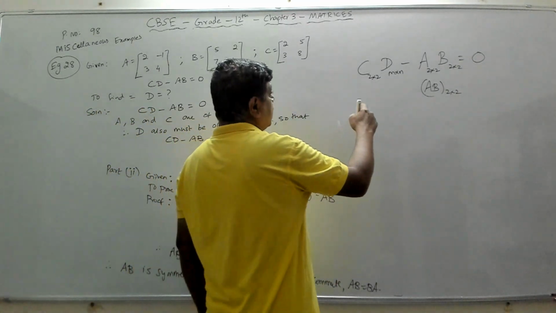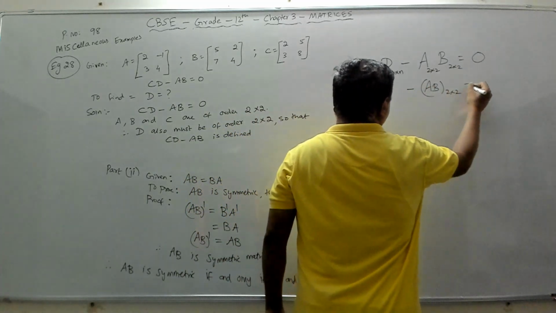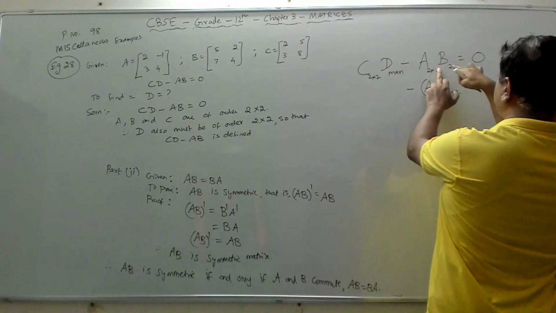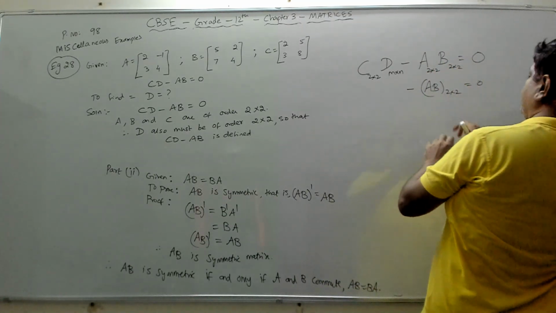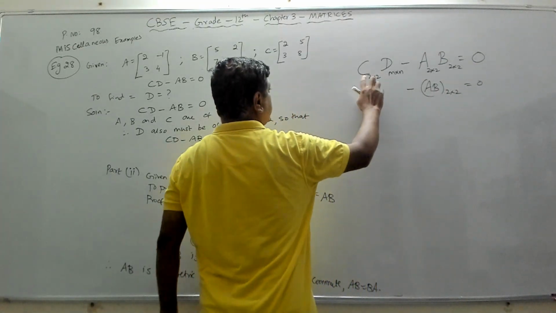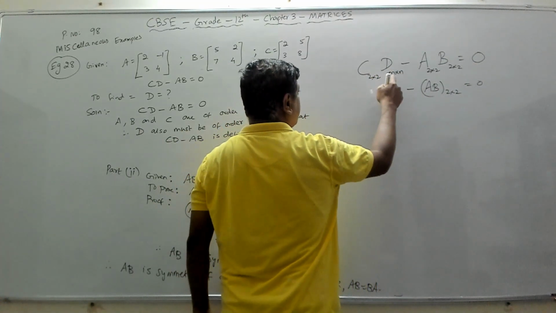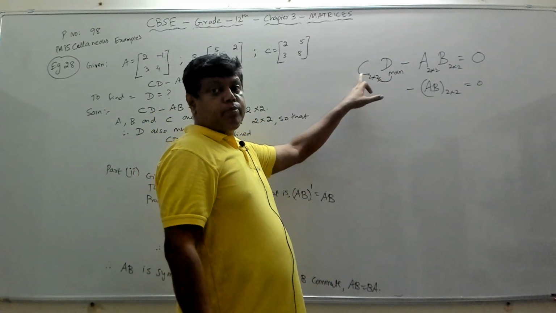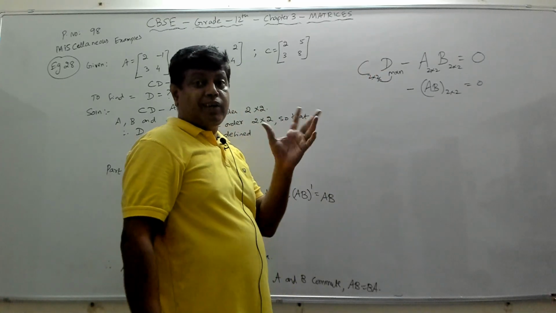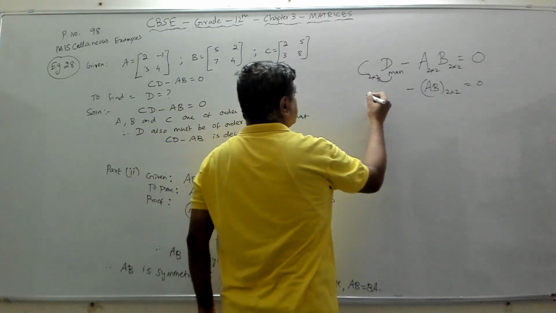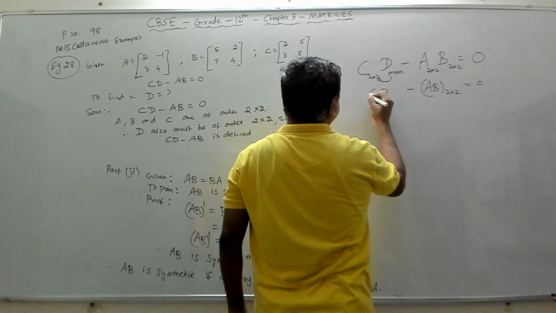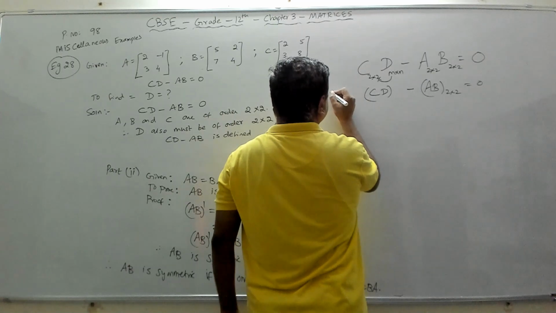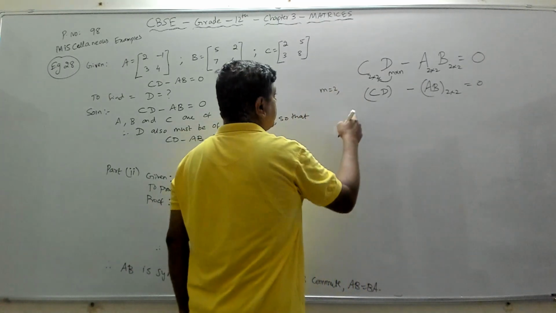Since this is minus, this is 0. The order of AB: when you multiply, the two inner 2s close and you get the outer 2s. Now we need to multiply C into D, which can be done only when M equal to 2. When the number of columns of the first matrix equals the number of rows of the second matrix, only then can we multiply. So M is equal to 2.